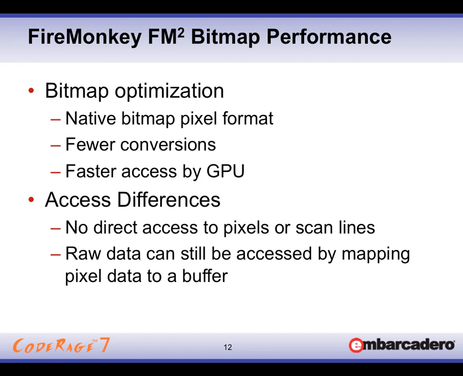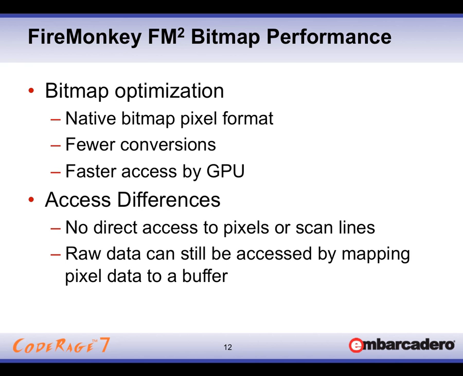In FireMonkey 2, we convert the bitmap data immediately into the native pixel format of the graphics context. This allows the graphics library to store the bitmap data in a native format. It allows it to store it on the GPU, and that gives the GPU faster access to it and allows it to be rendered more quickly.